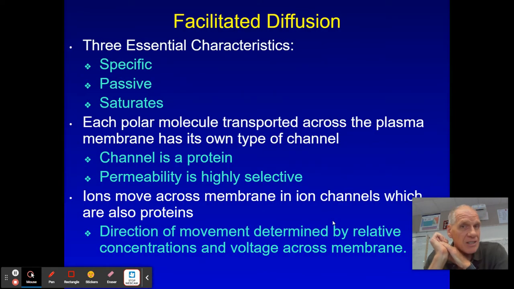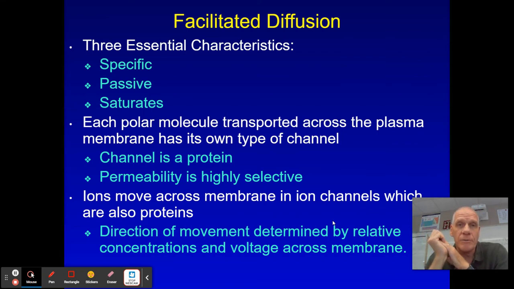Facilitated diffusion is also similar to simple diffusion, except that it's a type of diffusion that occurs with molecules that cannot simply diffuse across the cell membrane, i.e. they have a charge like an ion, they're polar, they're large.